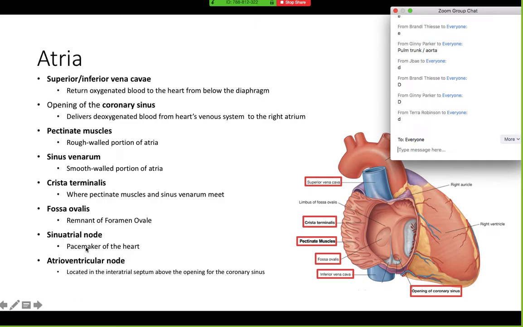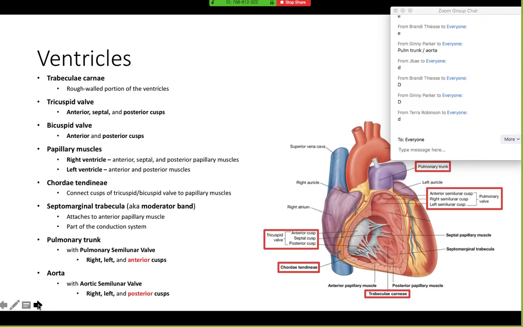Okay, and then SA node and AV node, some people have asked me, no, you can't actually see that in the donor, so that's not something they could ever tag. Then in the ventricles, trabeculae carneae, they like that one because people confuse it with pectinate muscles. So rough wall in the ventricles is trabeculae carneae, and rough wall in the atria, or the right atrium, is pectinate muscles.